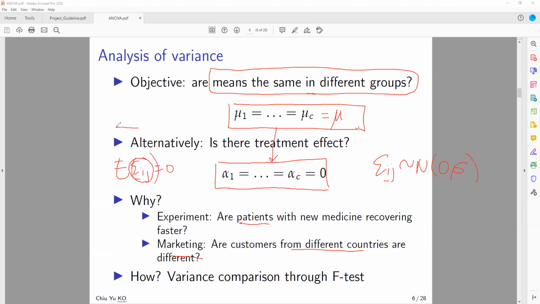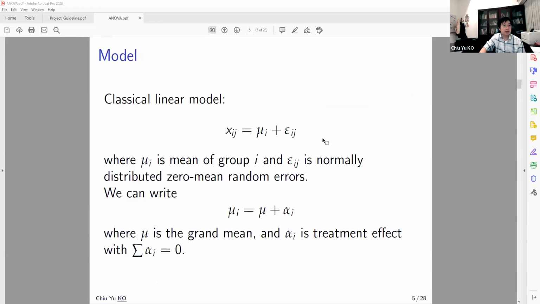So this is the definition: the mean of group i plus an error with zero mean. This is the model we define. We define it this way because if it's not zero mean, you can put it there.